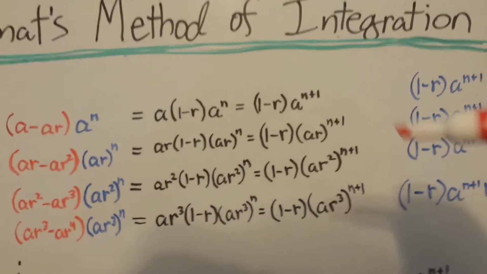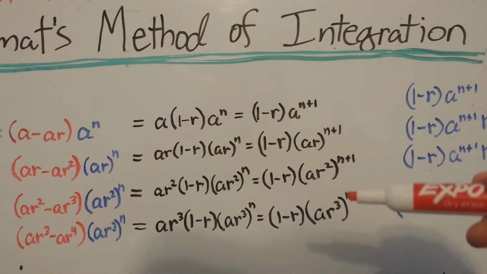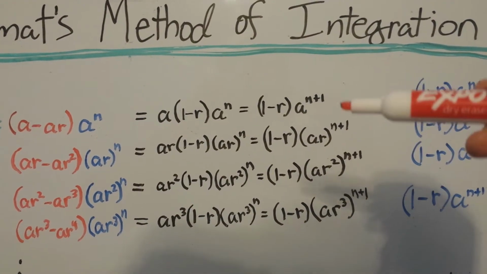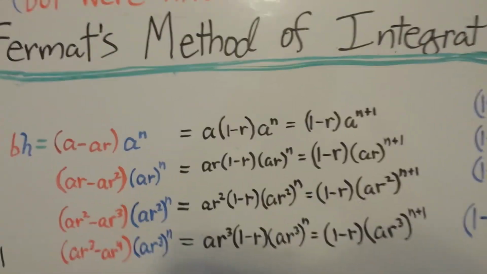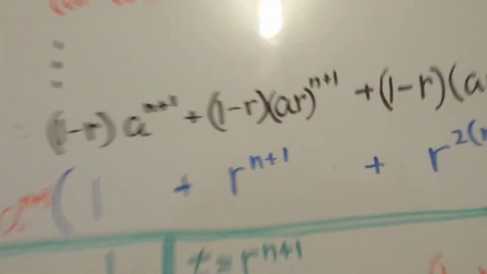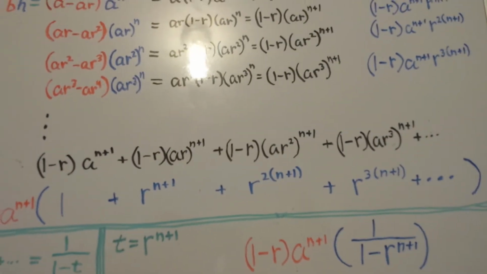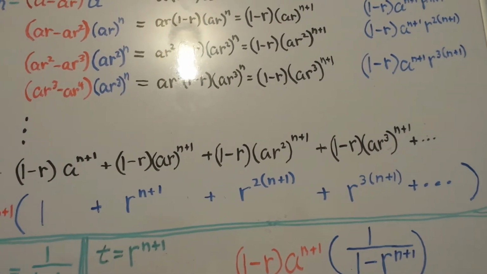So these are the areas of our rectangles, and we can sum them up. And when we sum them up, the sum would look like this.